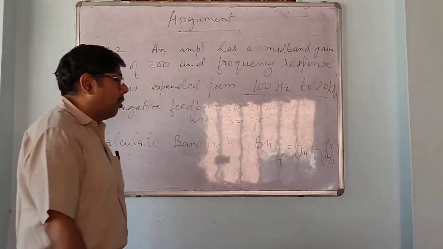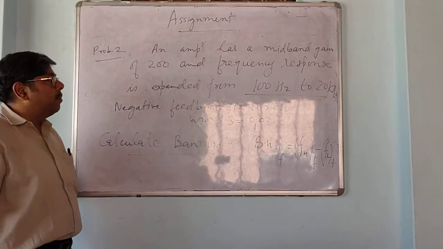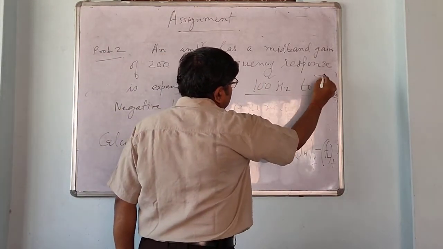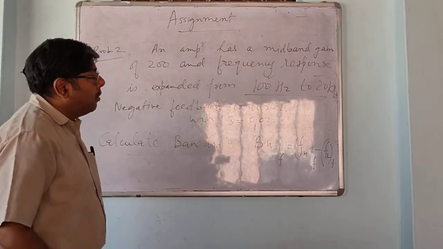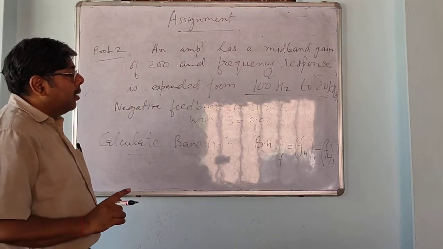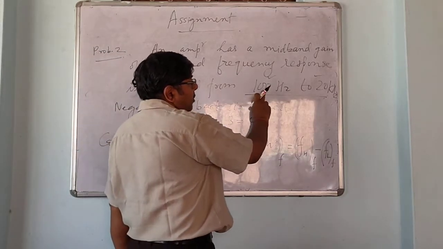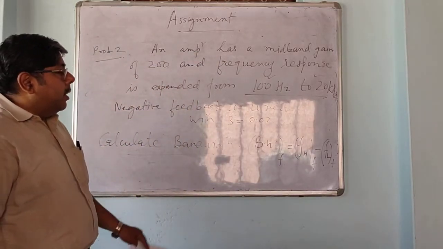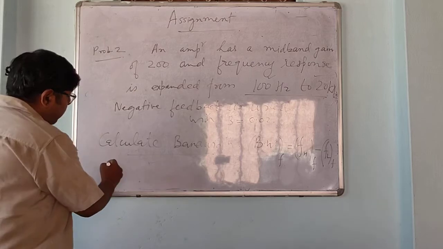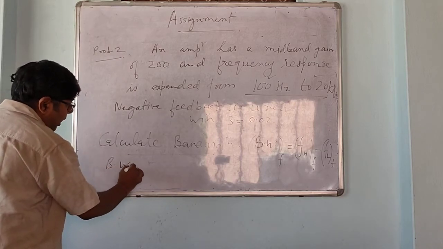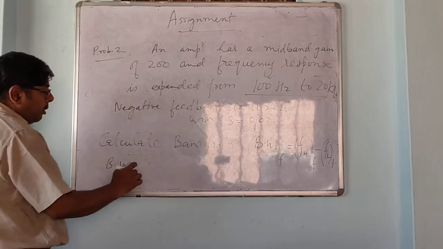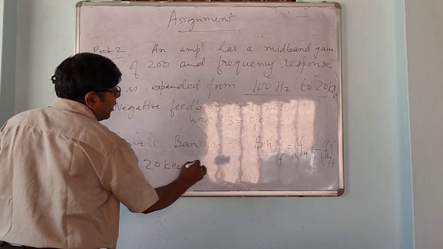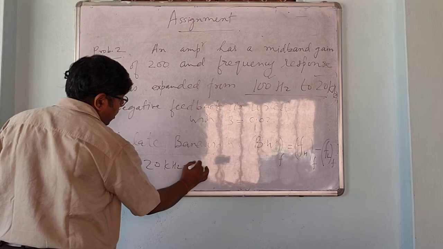This is the difference of two frequencies. So these are two frequencies without feedback. First of all you have to calculate the upper and lower 3 dB frequencies with feedback. Then the difference. So the initial bandwidth, that is bandwidth without feedback, is simply 20 kilohertz minus 100 hertz.